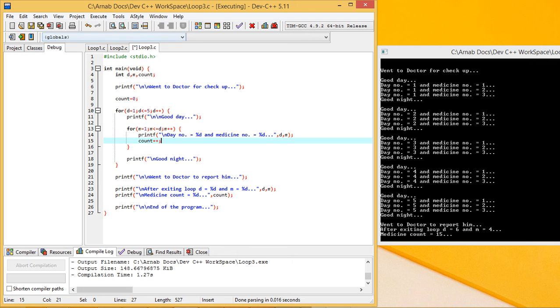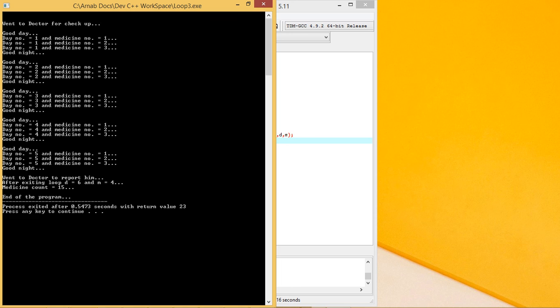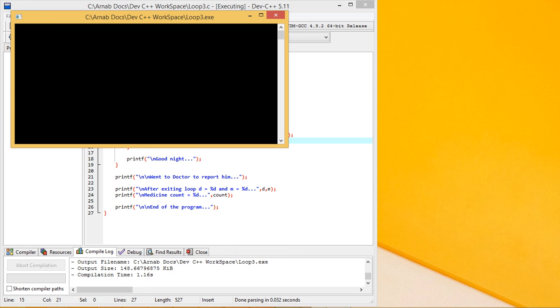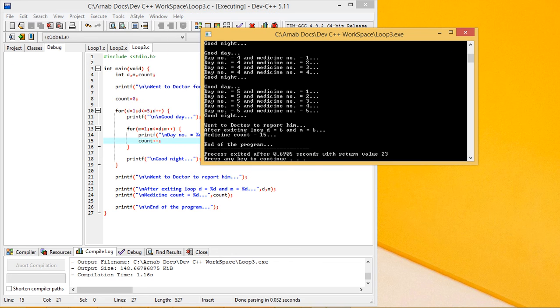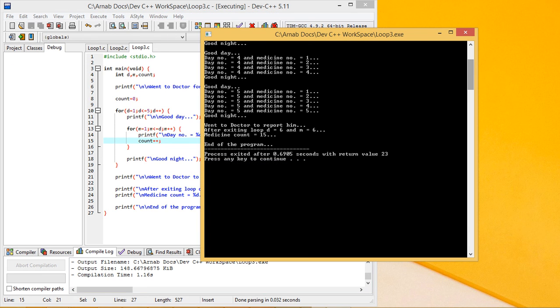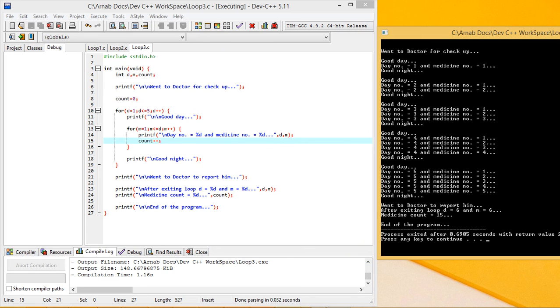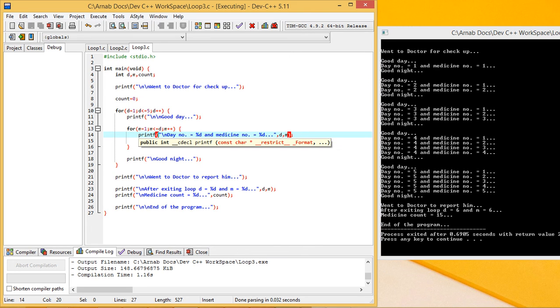So now let me go for execution once. There is output and there is input. So this is my output and this is the input. Input means my coding. Now see, in day 1 I took 1 medicine.